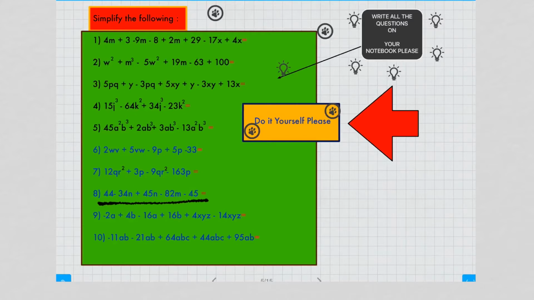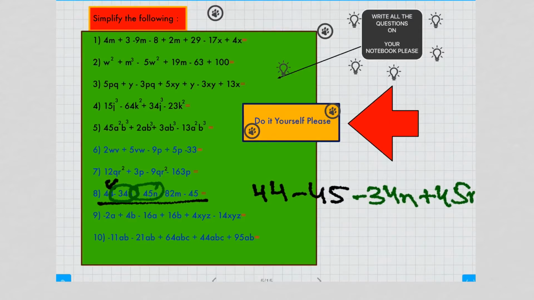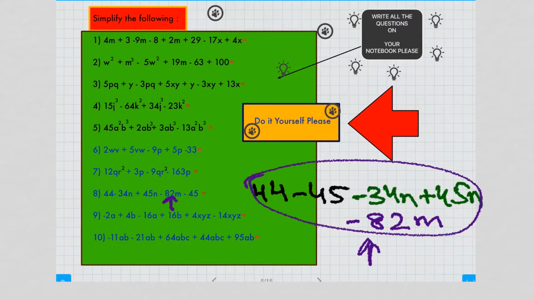What I would do is arrange all the number terms: 44 minus 45, and then minus 34n plus 34n minus 34n plus 45n, and then the last term minus 82m. After that we can simply simplify all of them together, and you will get the answer.